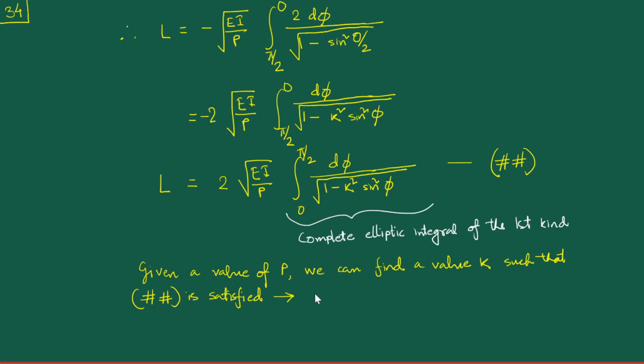And the moment we have such a thing, we can find the value of alpha because K is equal to sine alpha by 2.